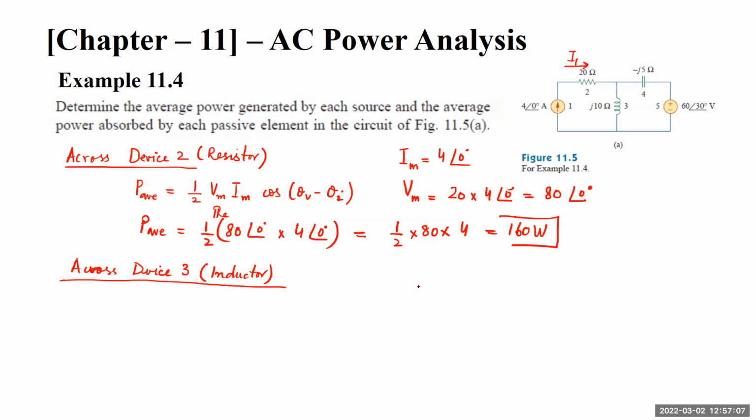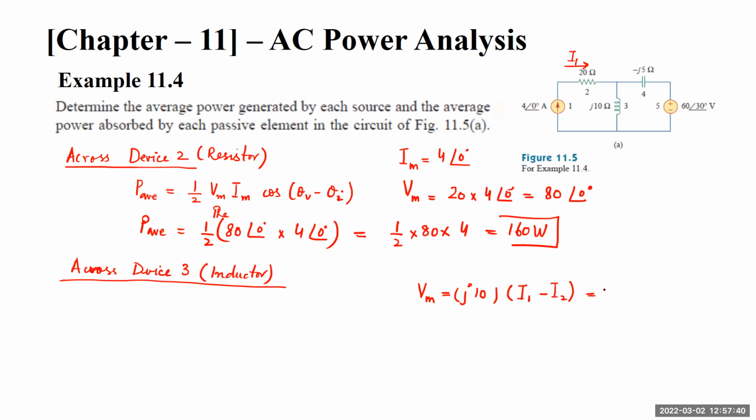The voltage across the inductor will be J10, this is omega L, into I. I is the current flowing through the inductor, which is I1 minus I2.